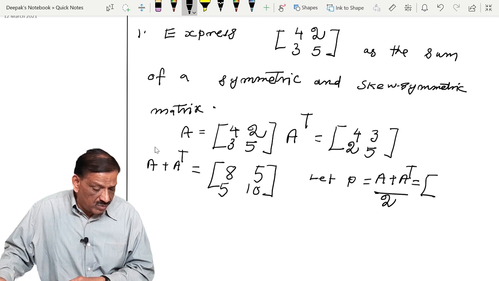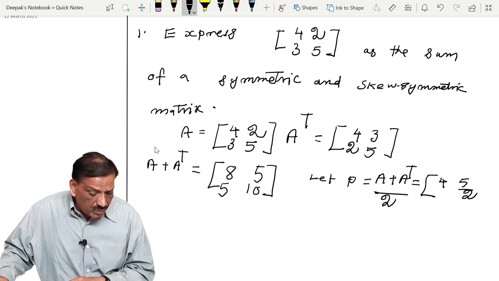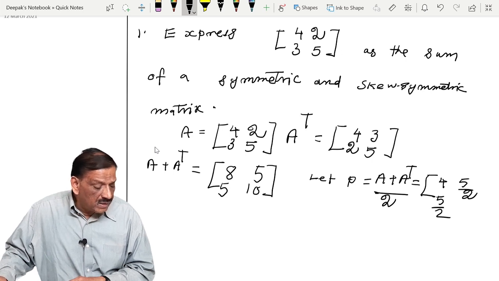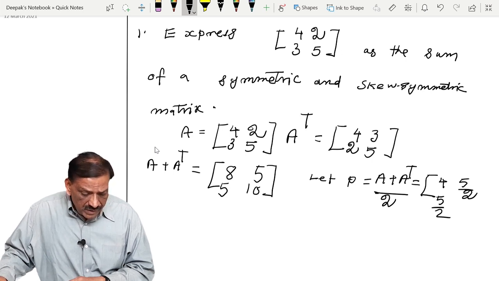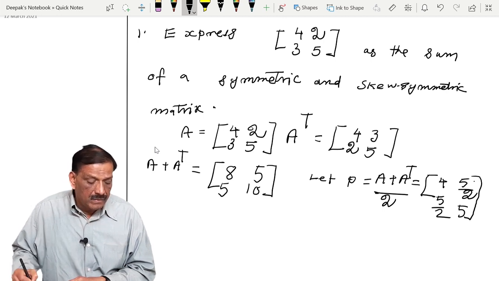So this will be equal to 4, 5 by 2, then 5 by 2, 5 by 2, then 10 by 2, that is 5. Okay?